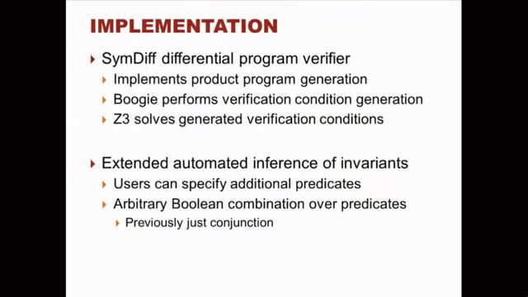So the implementation of our tool that discharges these approximate programs and their differential properties is based on this encoding. We did have to extend it with automatic inference of richer invariants, in the sense that users can specify additional predicates, and we can infer a Boolean combination over predicates and not just conjunction.